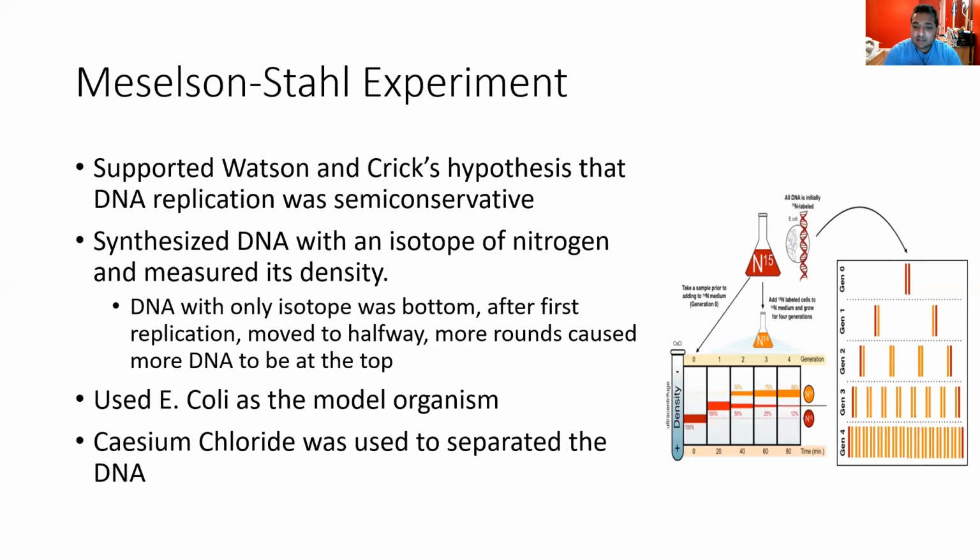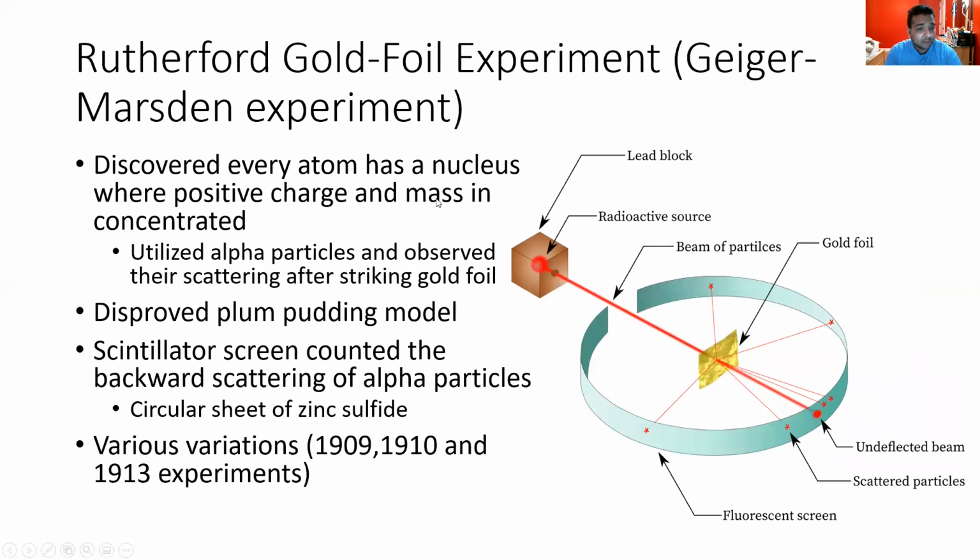Okay, Michelson-Stahl experiment. For this, you need to know what an alpha particle is, first of all. Alpha particle, again, 2 protons, 2 neutrons, helium nucleus. I would know that there were various variations. I would know the term scintillator screen, and I would know that it was made of zinc sulfide.